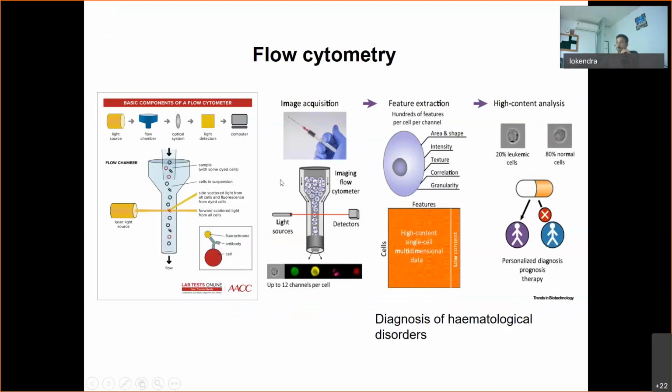This flow cytometry will be discussed in detail maybe in the last class of this course by Dr. Rahman, because he is an expert and he deals with the flow cytometric facility in our institute, and also he is an expert in detecting various hematological disorders.